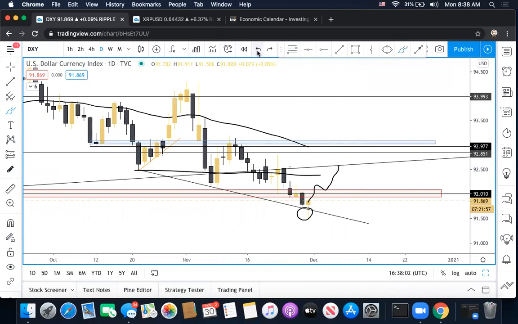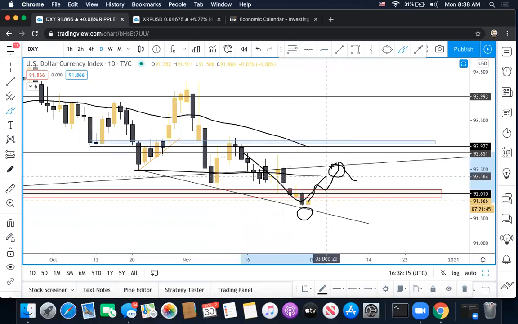Okay, but now, if within this region the market pushed up and then it came to this region, fake breakout, and then overall ended up dropping back lower, this may just be a breakout retest to potentially go lower. So those are the two scenarios that are going to happen with the overall dollar index as of right now.